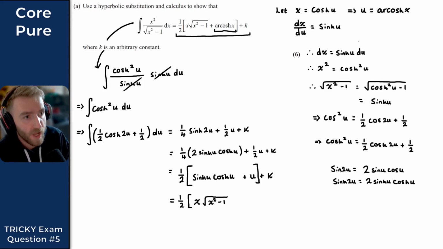So plus u is just plus arccos x. Just like that. Close those square brackets and don't forget your plus k as well. And there we go. So as required, proof complete, QED, whatever else you want to put there.